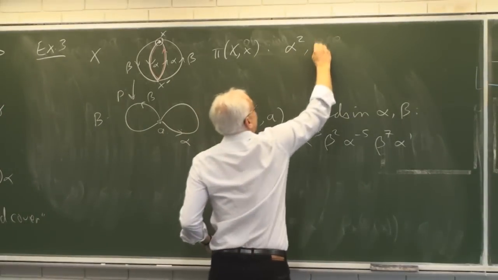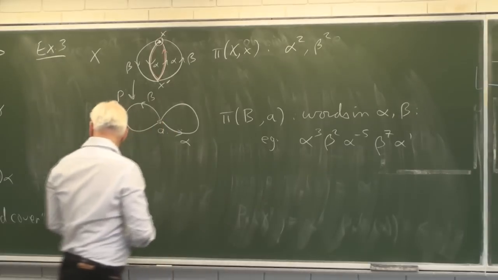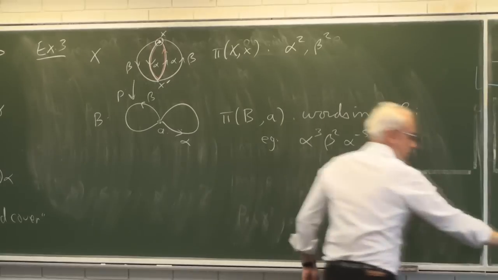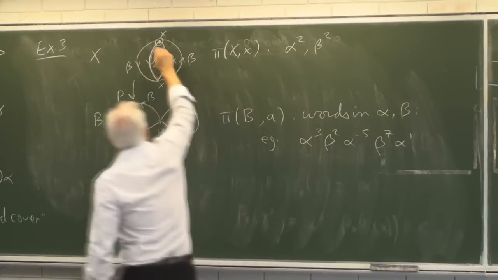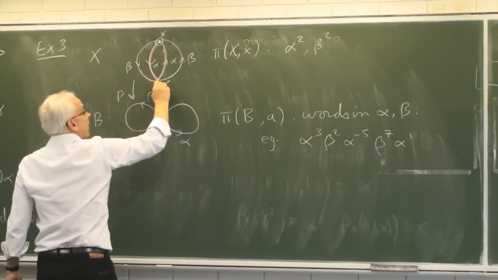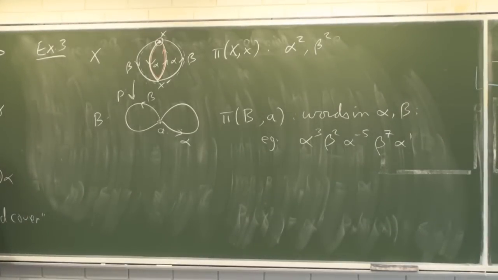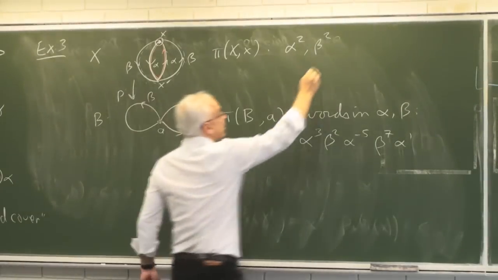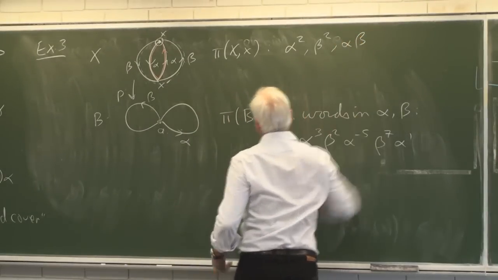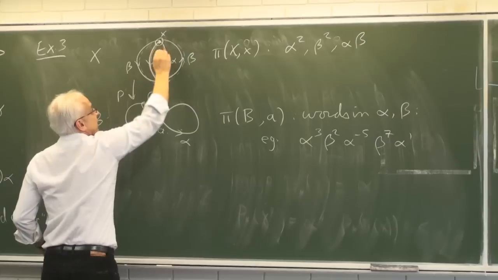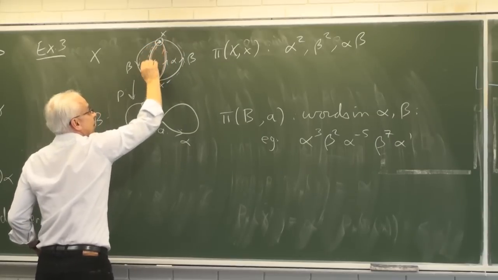And beta squared, that's the loop that goes along this beta and then along this beta. It's another loop. And maybe alpha beta, which is alpha followed by beta. So it's this loop here.